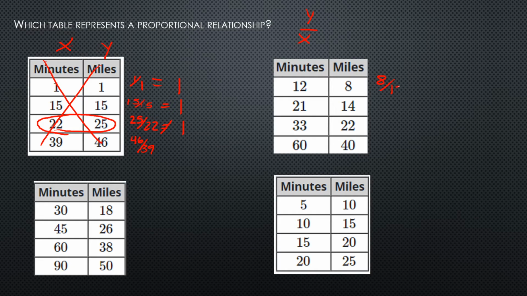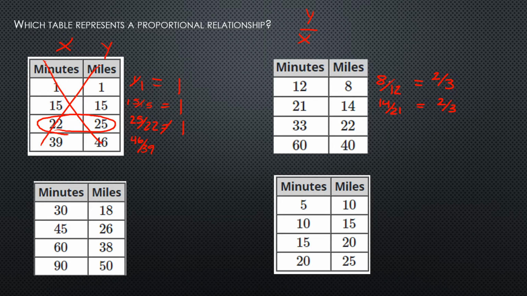I have 8 over 12, 14 over 21. Let's start with just 2, because as soon as we find one that's not the same, that means it's automatically out. So if I have 8 over 12, you can type this into a calculator to help you simplify it if you would like. This does simplify to 2 over 3. 14 over 21 also simplifies to 2 over 3.